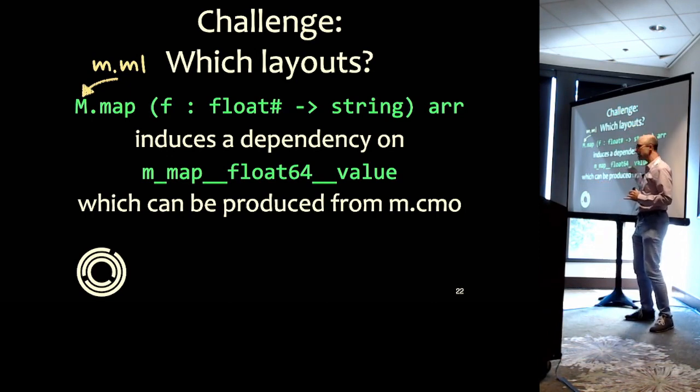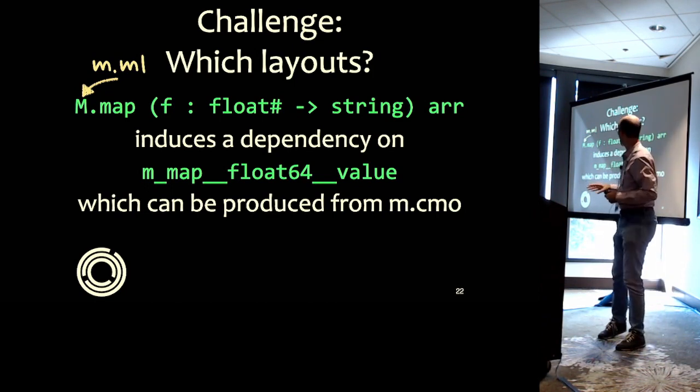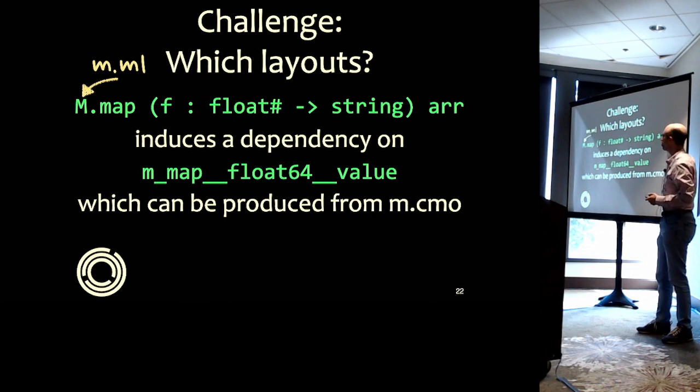These are types, but this is just the name of a function. And so I've taken the module name and the function name and the layout to build this mangled name. When I'm compiling, say this is in u.ml, the usage site, we'll just record that before linking, I need to have this function somewhere.